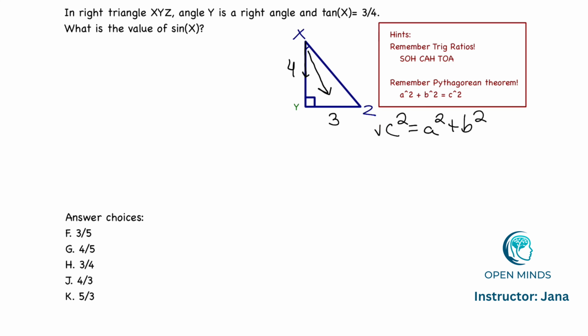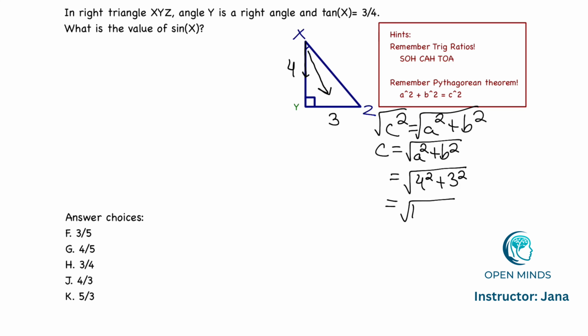We take the square root of both sides. So c is equal to the square root of a squared plus b squared. All right, so we can plug in our values. So 4 squared plus 3 squared, that's going to give us 16 plus 9, a sum of 25, and the square root of 25 is 5. So our hypotenuse is 5.